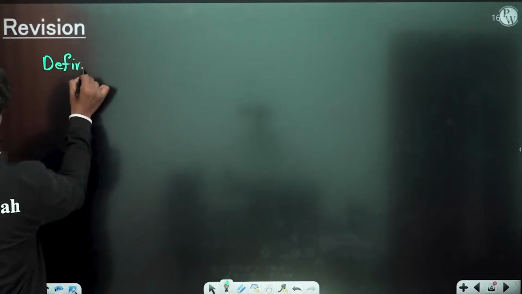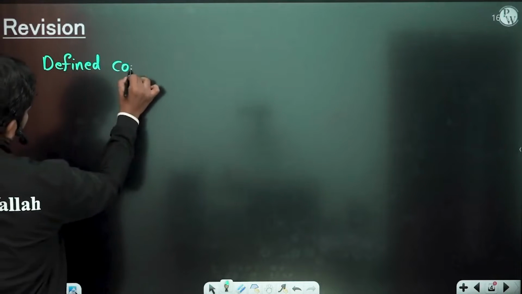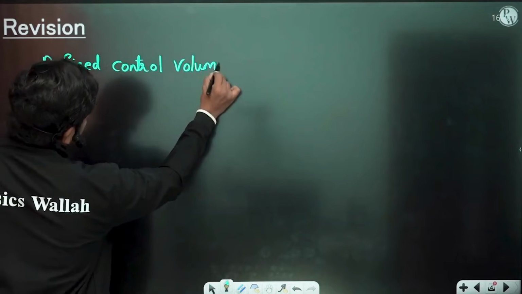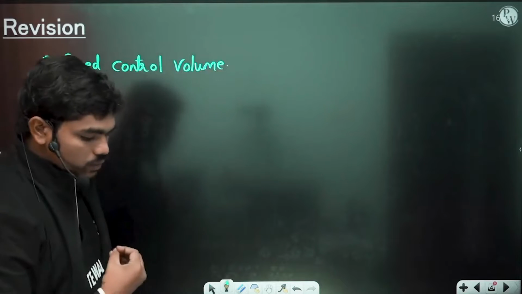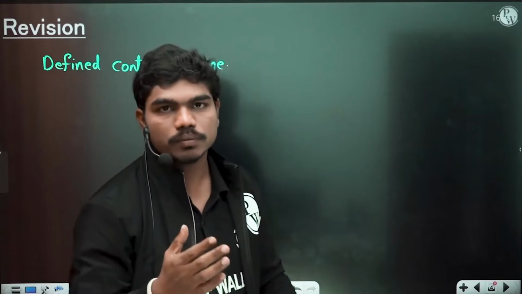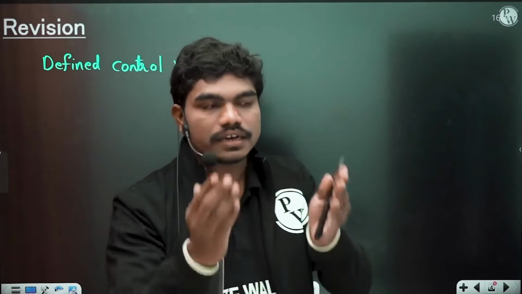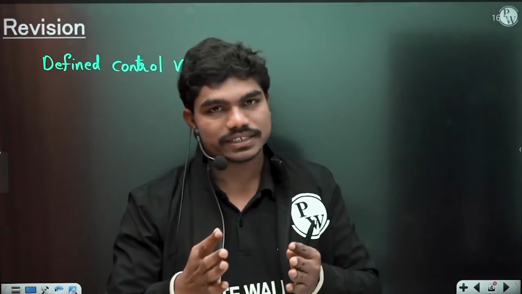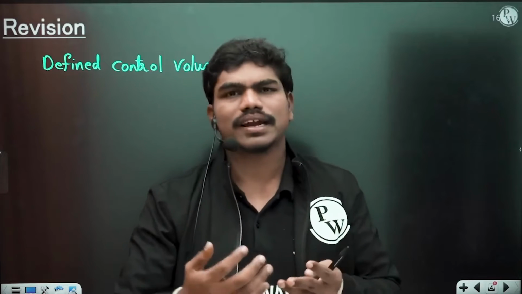What is a control volume, correct? So control volume is basically that volume which is under study, or the region in space which is under study. And I told you control volumes can be stationary or they can be movable, sometimes they can be deformable also.